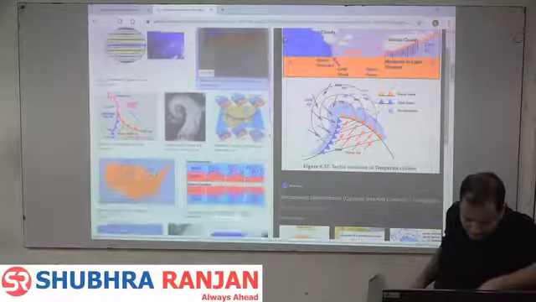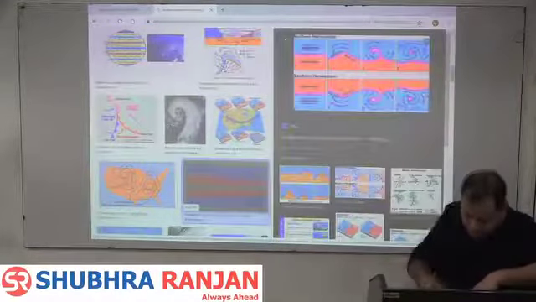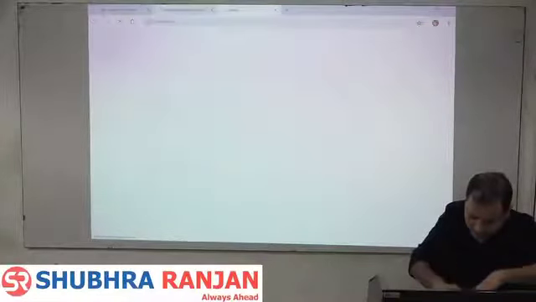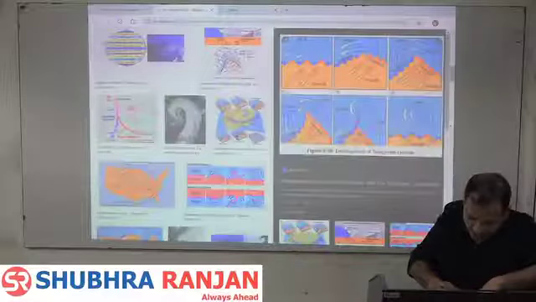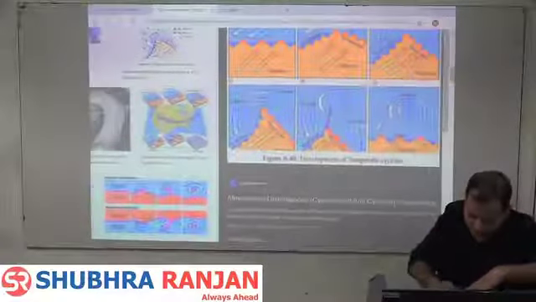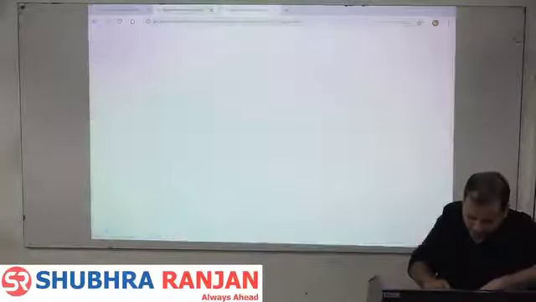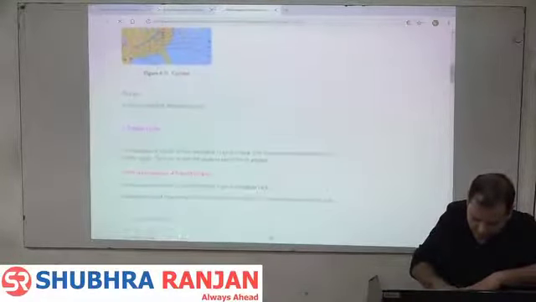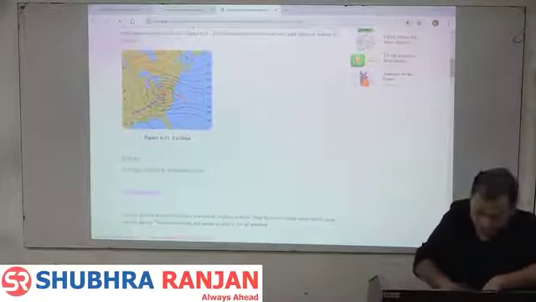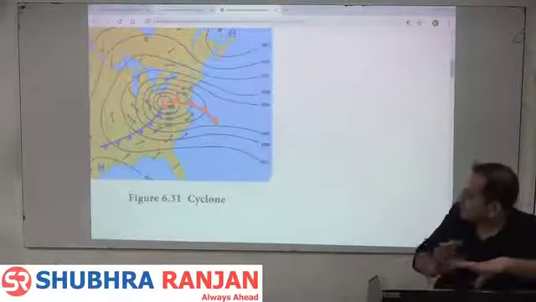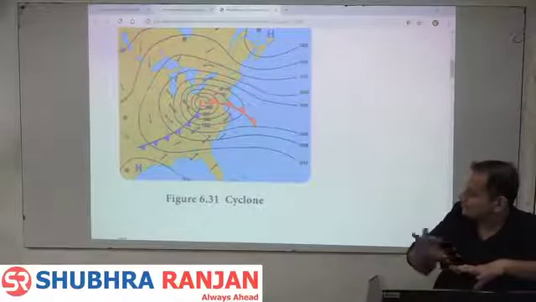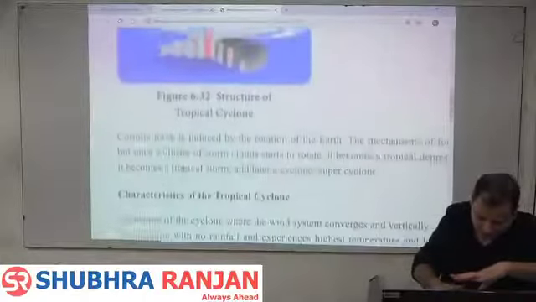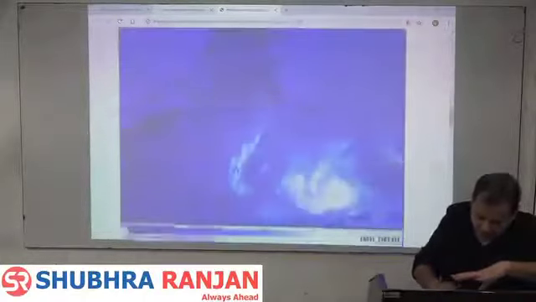This is the same diagram I explained you yesterday, or this is better. In real life, it looks somewhat like this. Tropical cyclone is totally different.